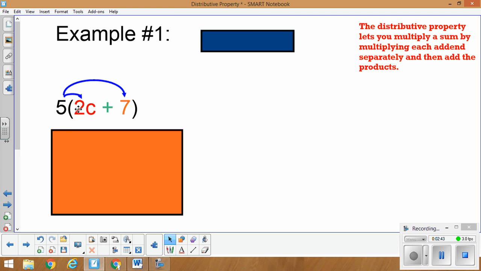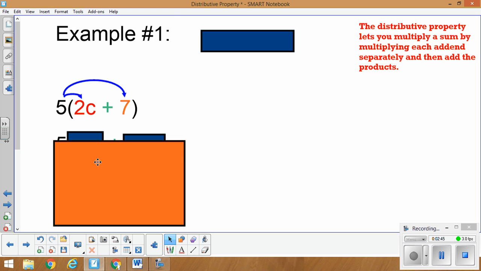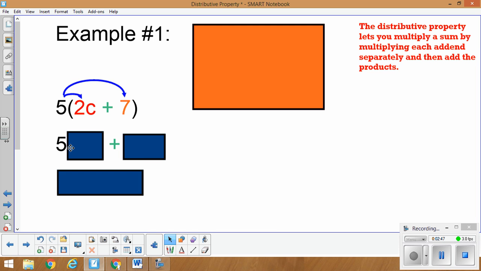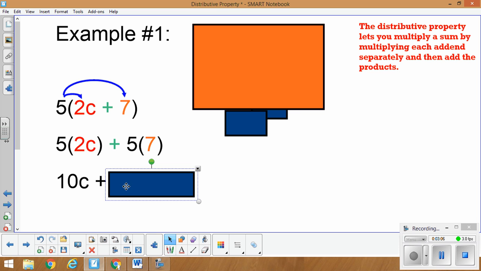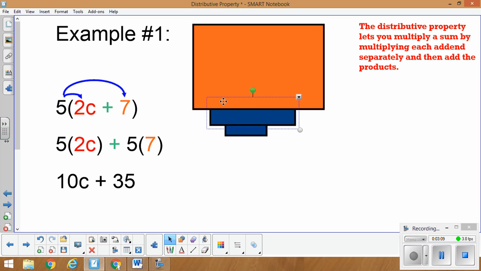So 5 times 2c looks like this, bring the plus sign down, and then 5 times 7 looks like this. Now I'm going to just reduce the 5 times 2 and the 5 times 7 to get 10c plus 35.